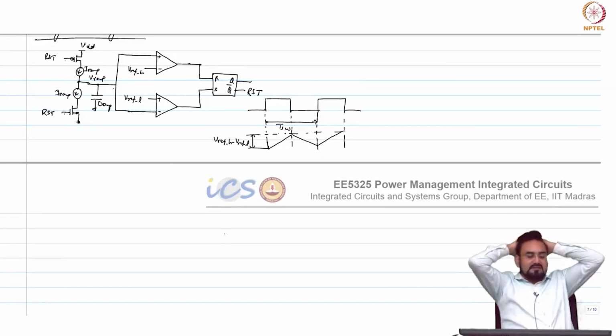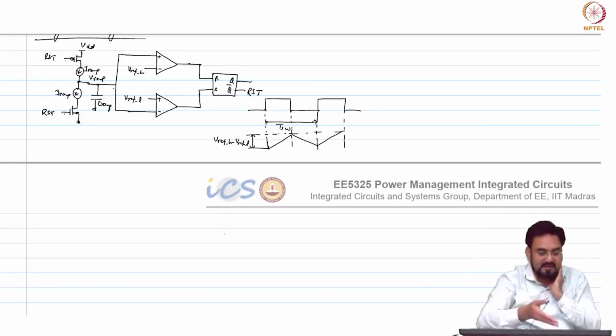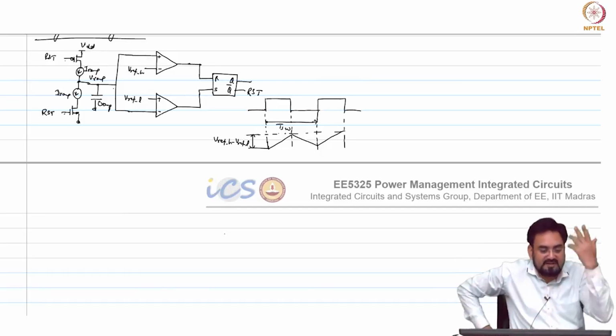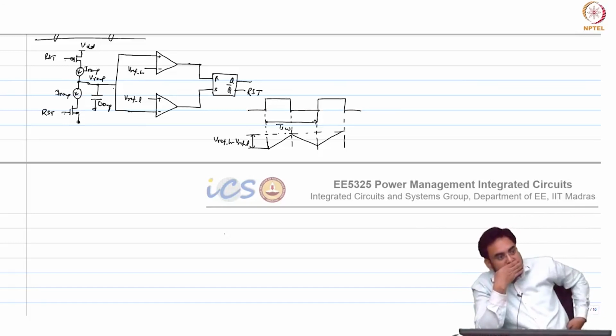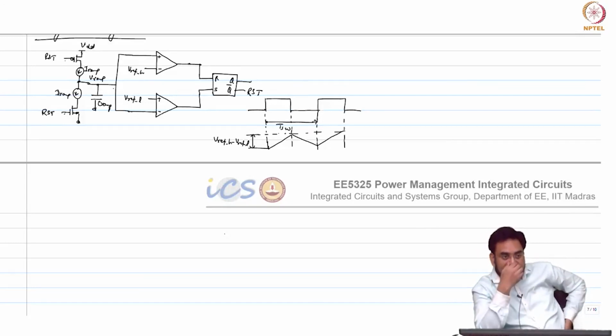Can anybody tell? I mean, can I keep, let us say, VREF L 0 and VREF H 1 volt? Whatever the range of control voltage. So how do you define range of control voltage? VDD by 2 plus minus delta. Yeah, so what you want, your error amplifier output is nothing but your control voltage.